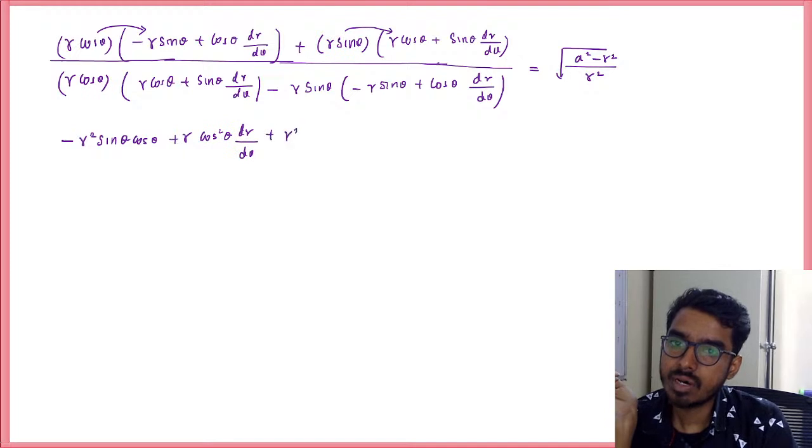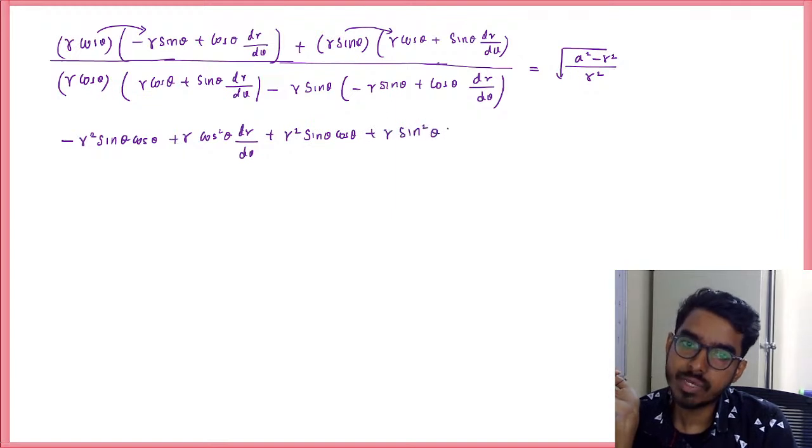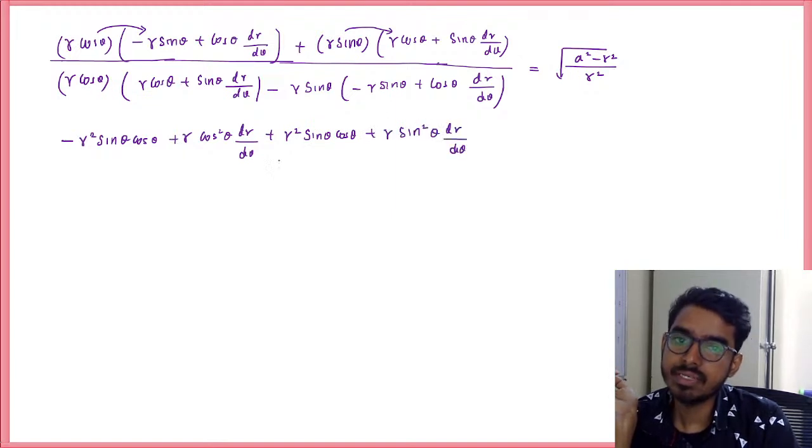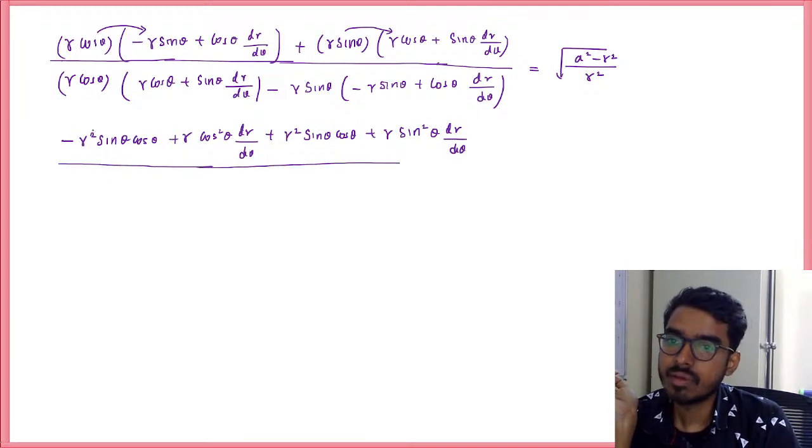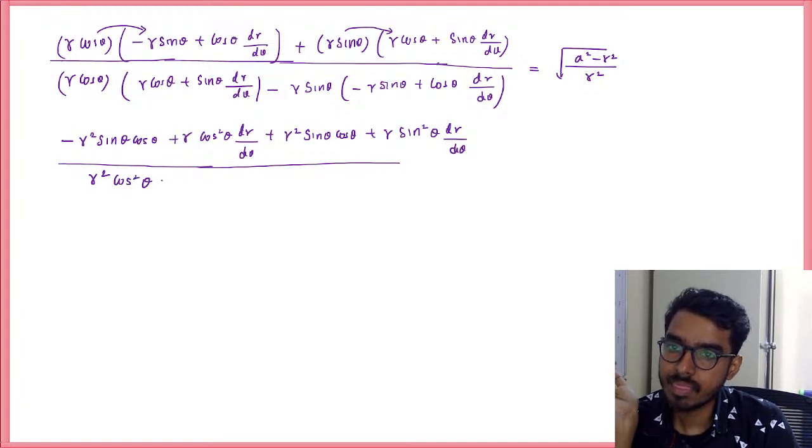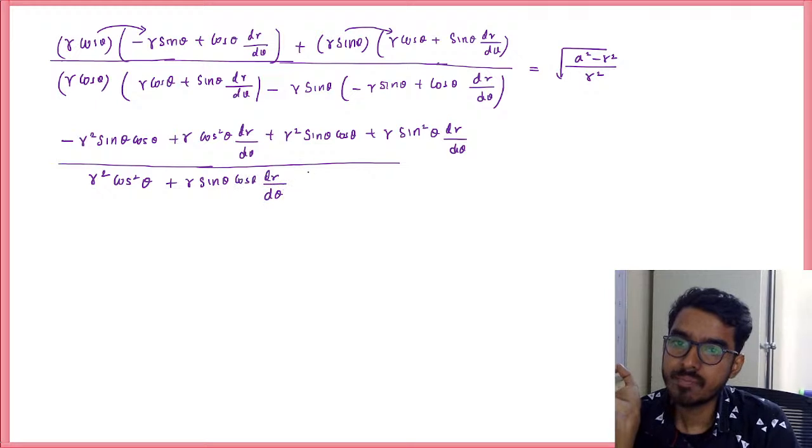Here we have r square sin theta cos theta plus r into sin square theta dr by d theta, whole divided by, here we have r square cos square theta plus r into sin theta cos theta dr by d theta.